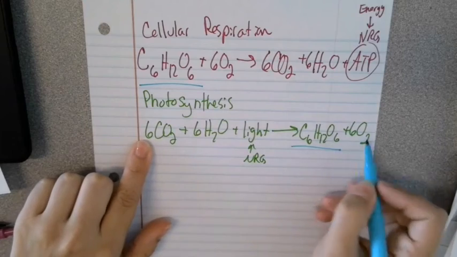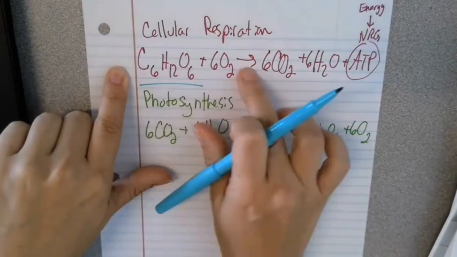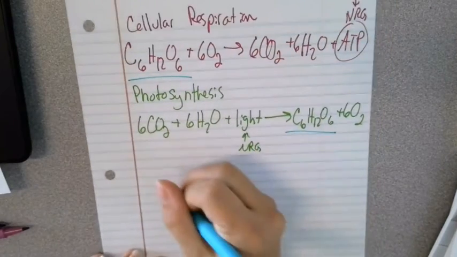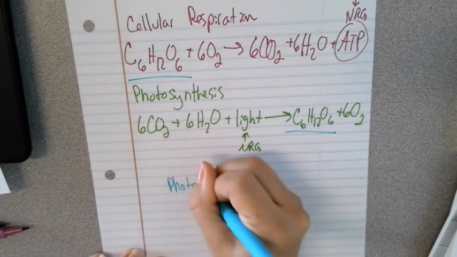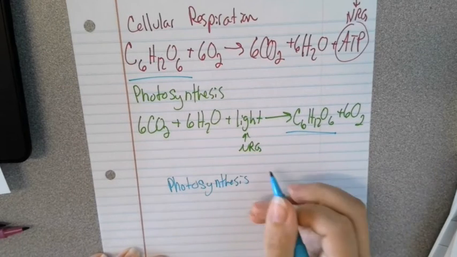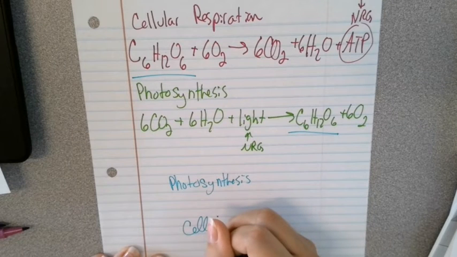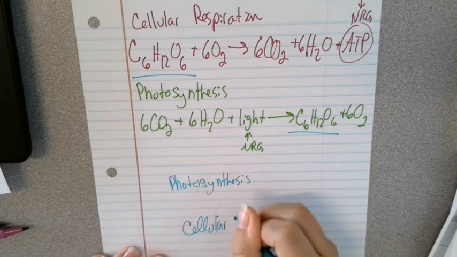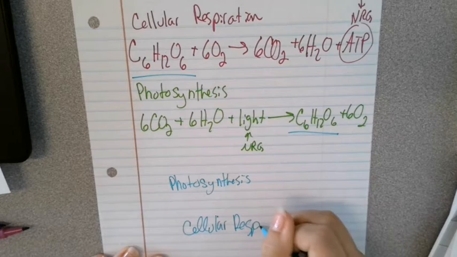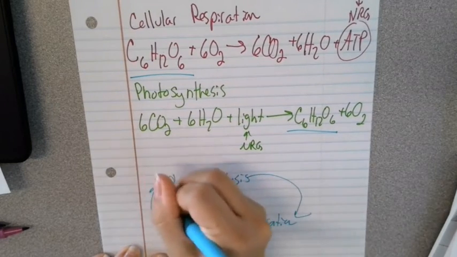Photosynthesis produces glucose and oxygen. That's necessary for cellular respiration. So you're going to start seeing a vicious cycle between photosynthesis and cellular respiration. It's a vicious cycle.